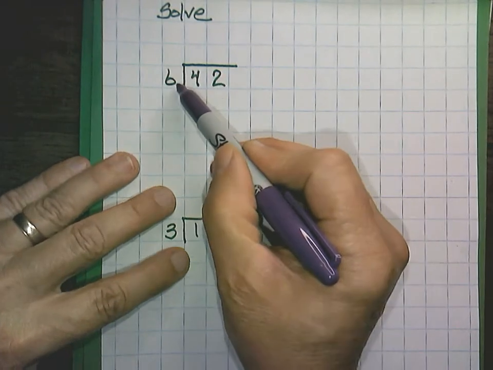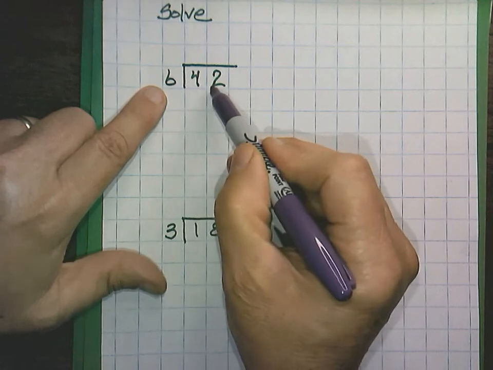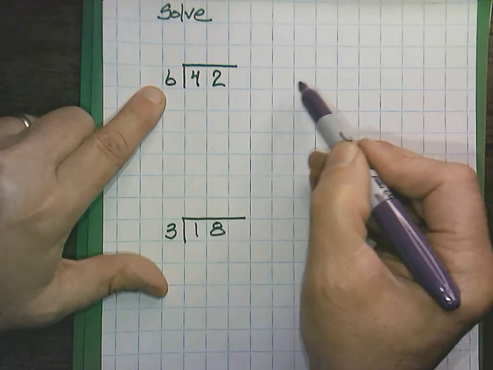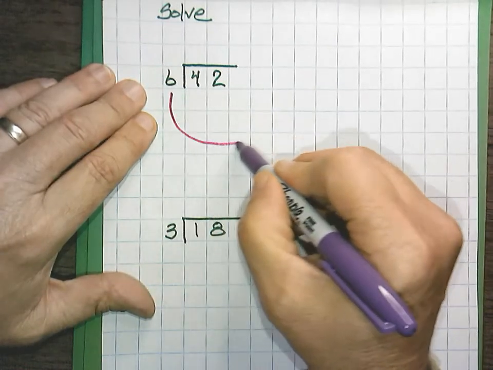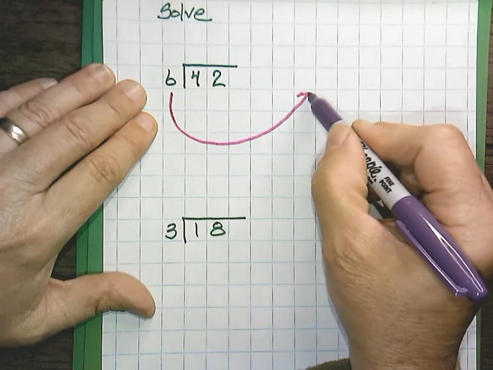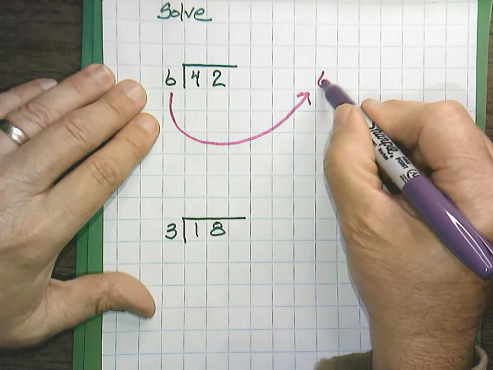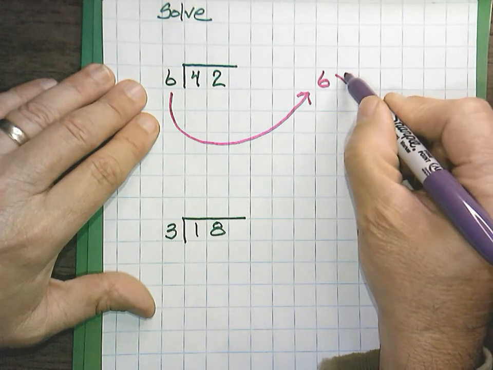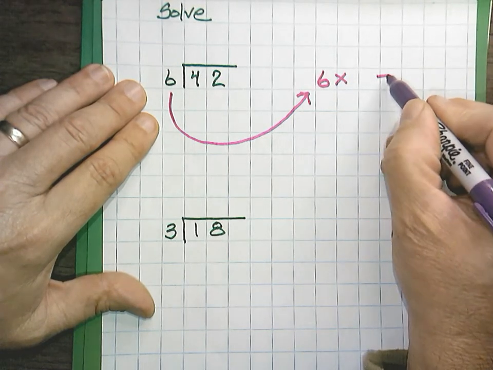42 divided by 6. Again, we're going to use our division problem to write a multiplication. You don't have to draw these when you're solving it. I'm just drawing it to show you. So we have our 6 times blank. I'm just going to leave that blank for now.